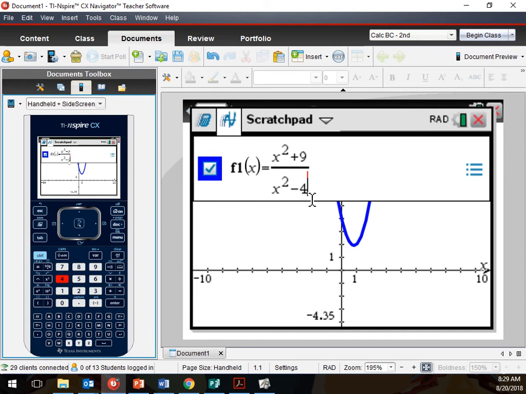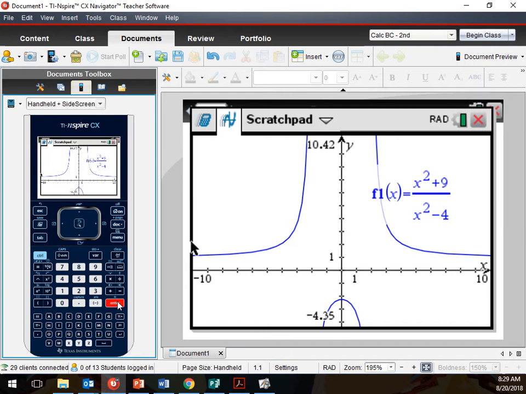Hit enter. And where am I testing it at? 2. Alright, so is the left hand of 2 and the right hand of 2 going to the same number? Yeah. Just kidding.